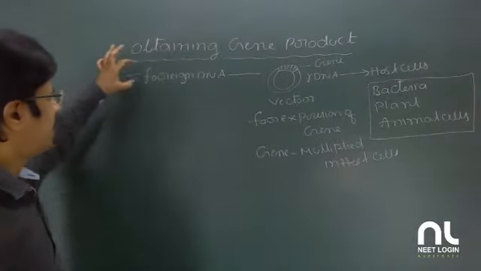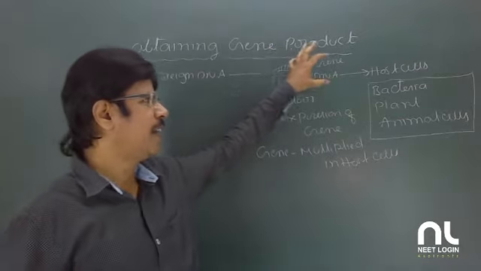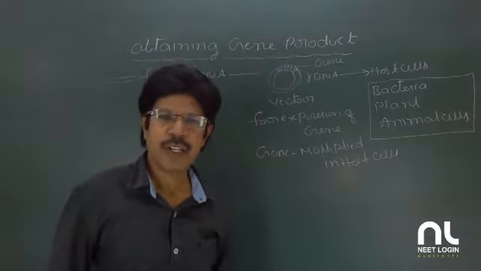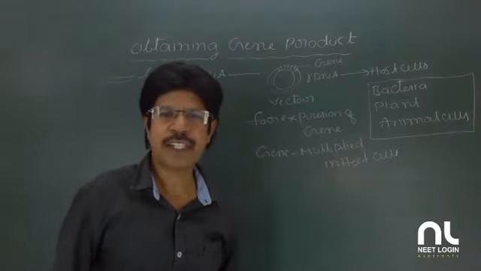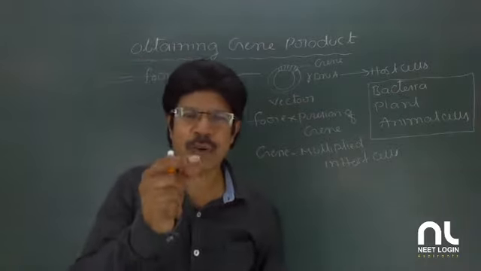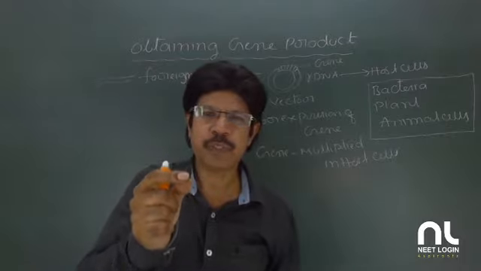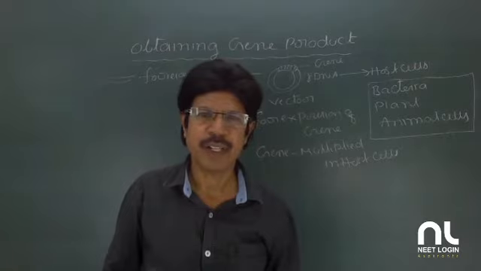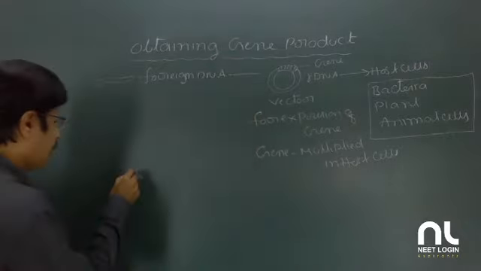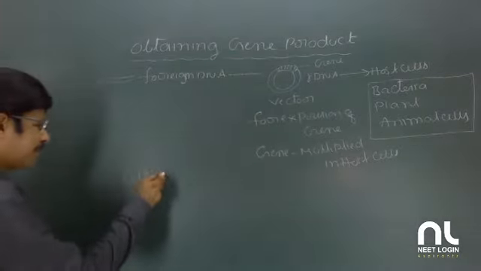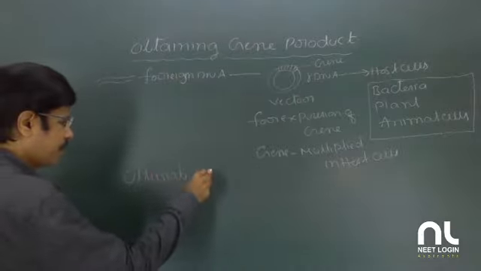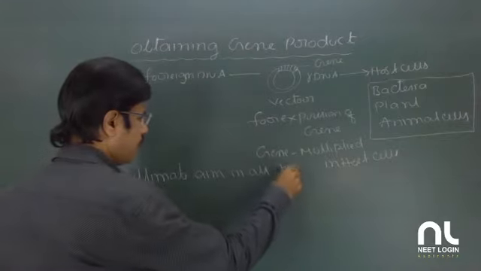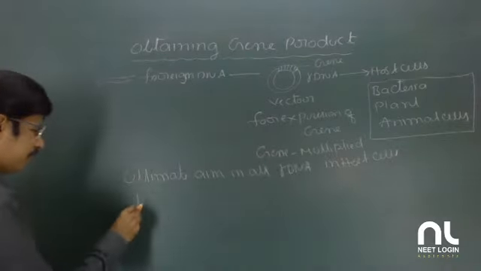So, after having inserted this vector and introduced it into the cells, we have to optimize the condition. The ultimate aim in all recombinant DNA technology is to produce the gene product, that is the protein.